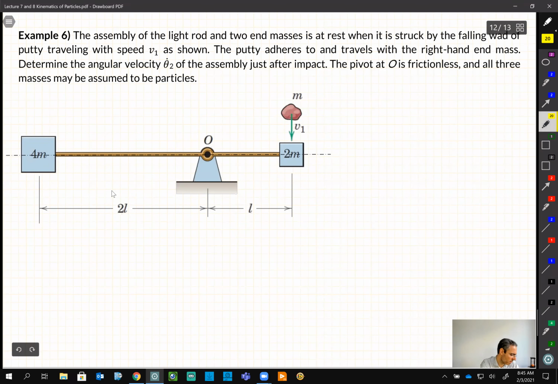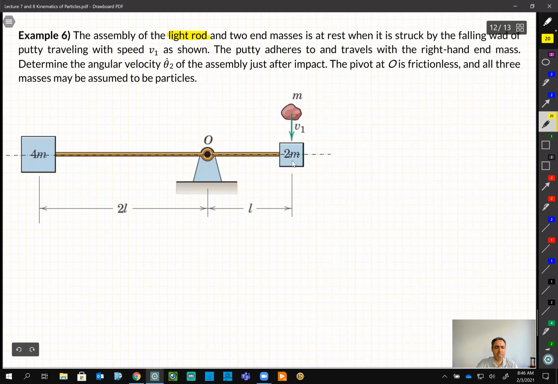The question is telling us that it's a lightweight rod. When it says lightweight, it means that we ignore the weight of this rod. This is what we do now, but next chapter we will solve the same problem and consider the weight of this rod. For now, because your focus is on particles, we assume that this rod doesn't have a weight.